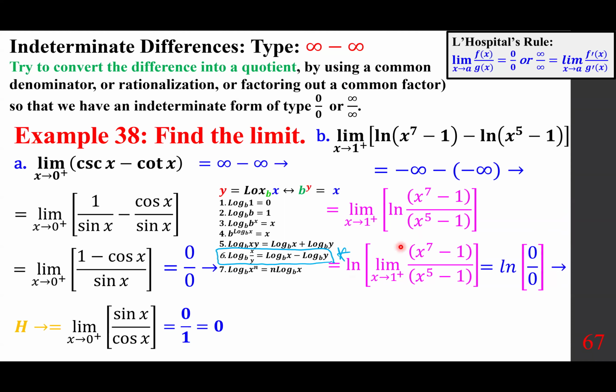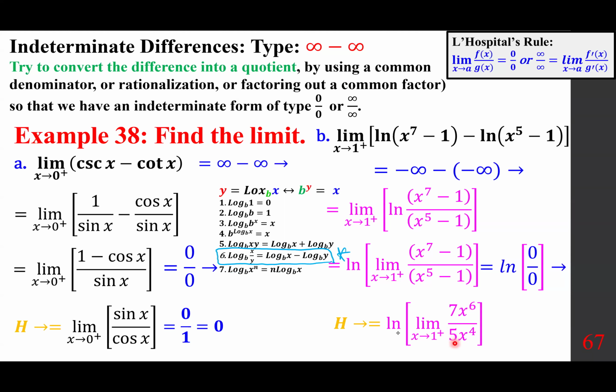Ln of the limit as x approaches 1 from the right of 7x to the power of 6 over 5x to the power of 4. And this, if I plug in 1, I get 7.